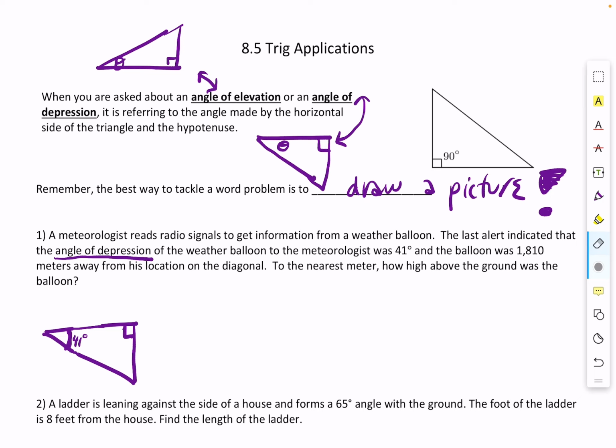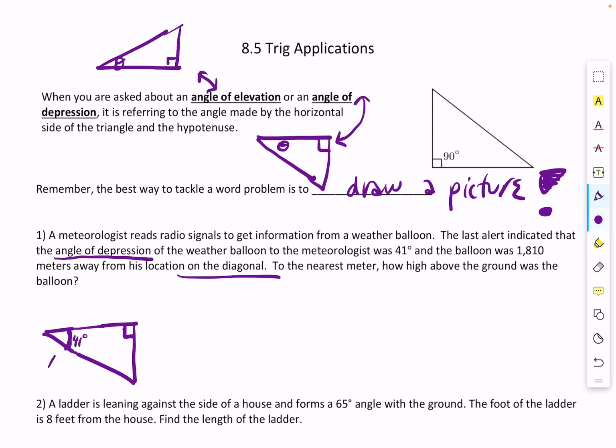So Oliver said that the 1,810 should go on the hypotenuse, and I just want to know why. Because it's the biggest number there. No, that's a good guess. It says the balloon was 1,810 meters away from his location on the diagonal. There we go, on the diagonal.